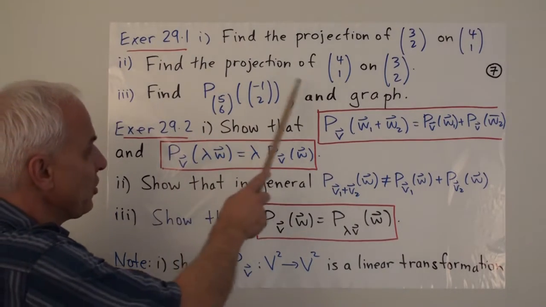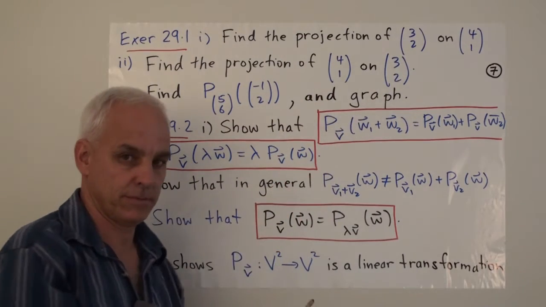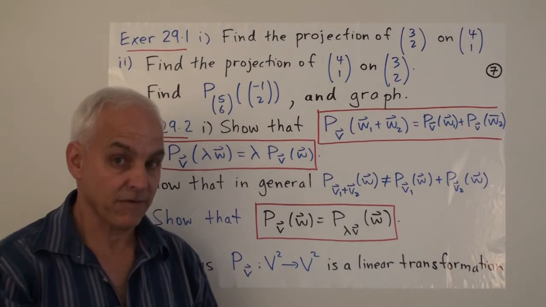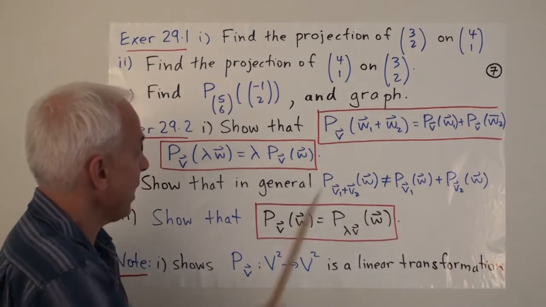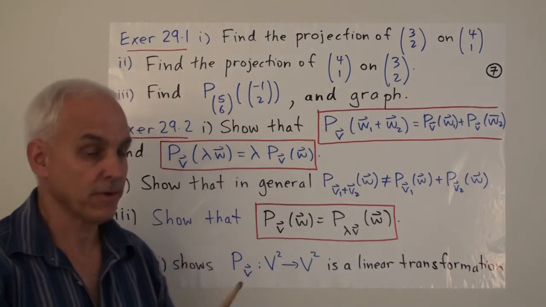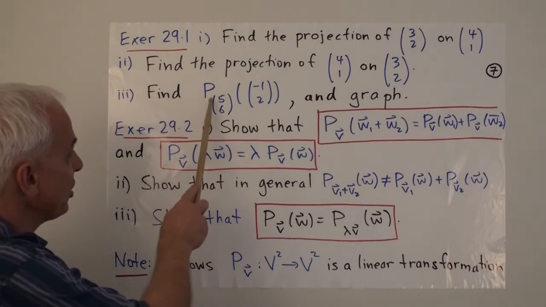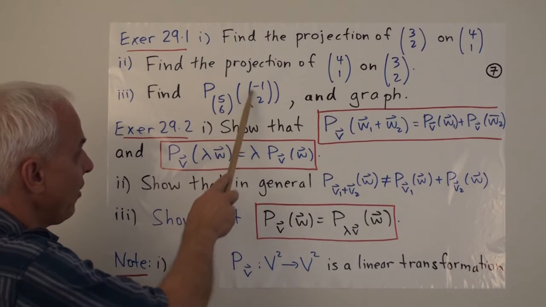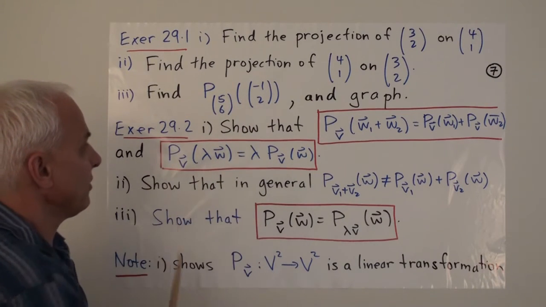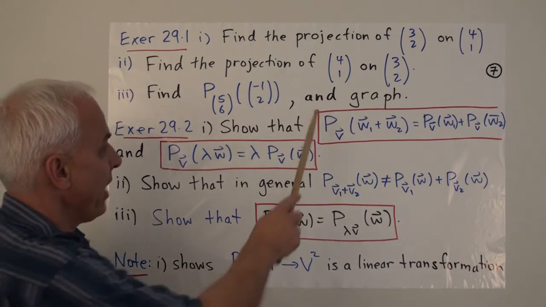And then find the projection of 4, 1 on 3, 2. Those will be different vectors. And you can graph both of them to make sure that you're getting the right kind of answer. And here find the projection onto 5, 6 of minus 1, 2. Just writing it in a different form, and graph that as well.